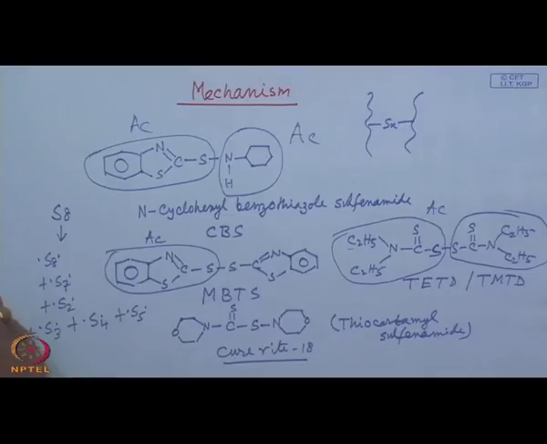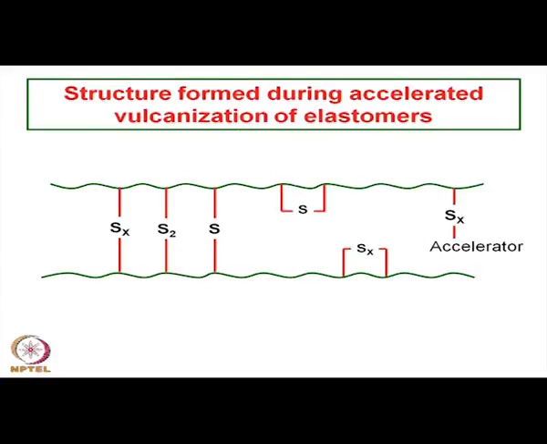So, that can break into polysulfides or monosulfides or even sulfur radicals like this, that lead to the formation of polysulfide, disulfide, monosulfide, some cyclic sulfide and cyclic monosulfide, cyclic polysulfide and some polysulfide accelerator complex. So, this is the nature of the vulcanizate, the nature of the cross-link in the rubber product.